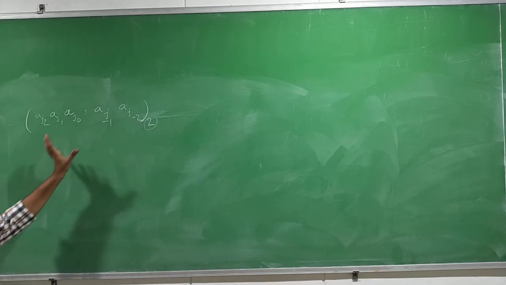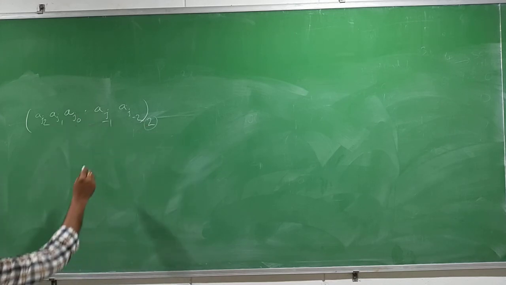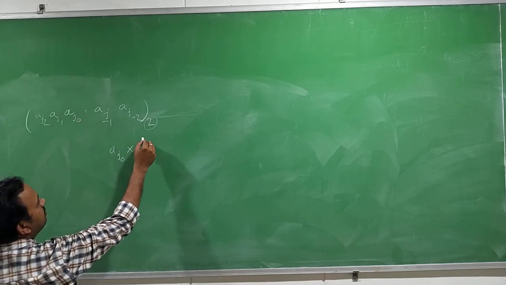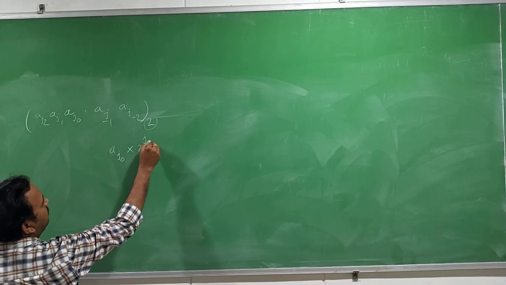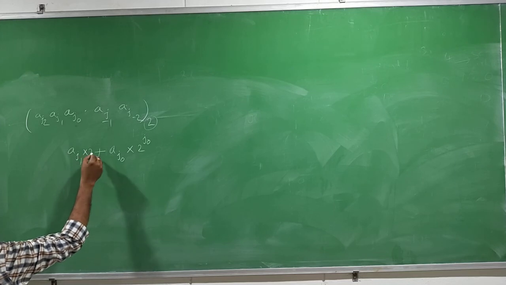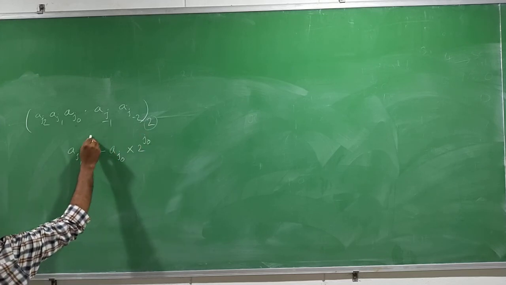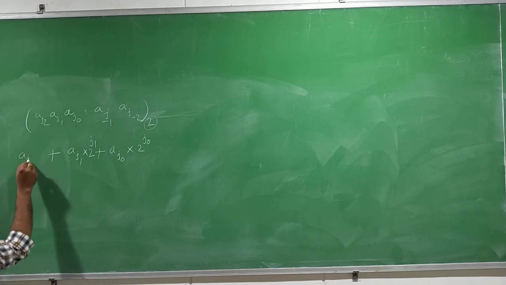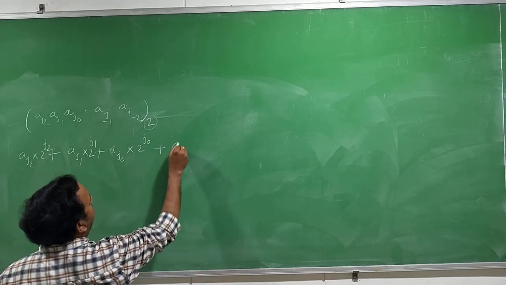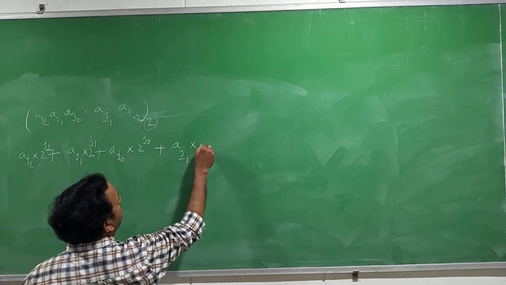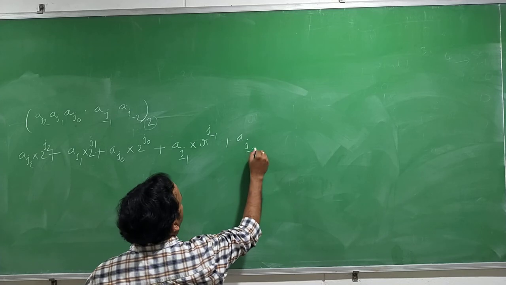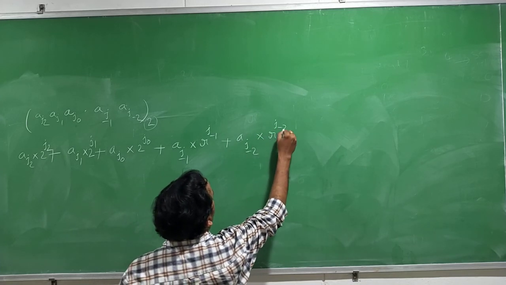Now I would just like to mention how you can write this with base 2. a_j0 into 2 power, what is the position of this j0? It is the 0th position, right? So a_j1 into 2 power, where 2 means R, the radix of this particular number system, j1 plus a_j2 into 2 power j2 plus a_j-1 into R power j-1 plus a_j-2 into R power j-2.